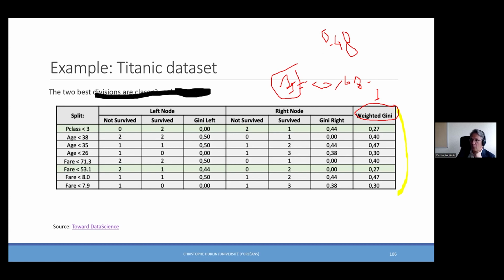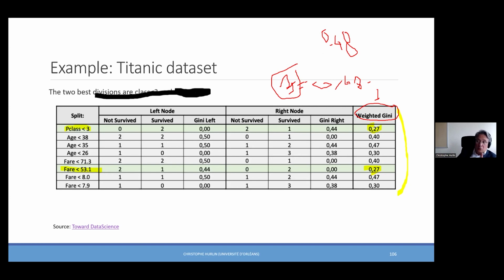So the weighted Gini is minimum when I use the fare and a threshold of $53, and this is exactly the same value. So I'm neutral between choosing fare with this threshold and the class. And the class is a binary variable, so there is no threshold issue. And so I obtain the same impurity decrease.